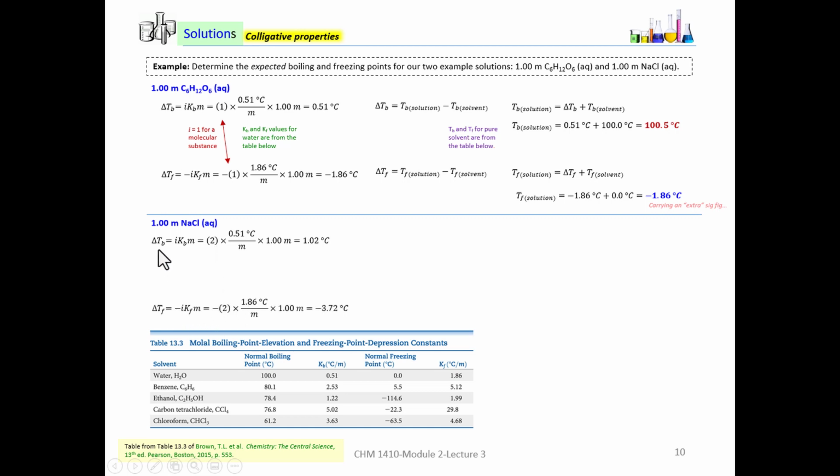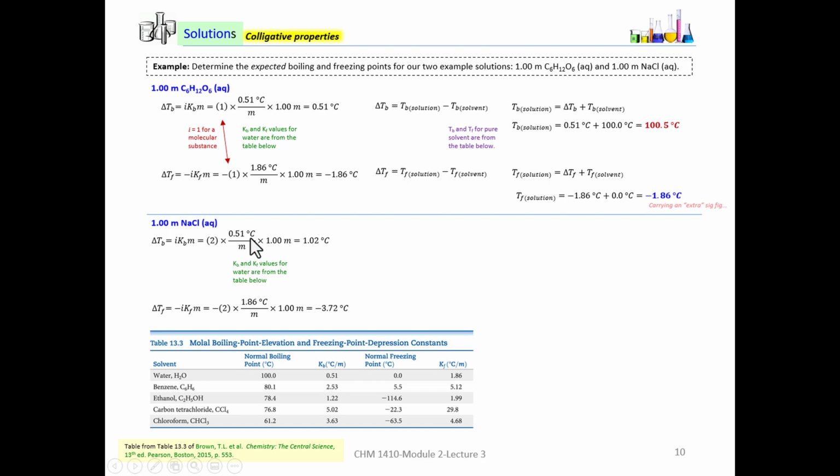So in both the boiling point elevation calculation and the freezing point depression calculation, I'll use a 2 here. So not surprisingly, our delta TB and delta TF for sodium chloride both end up to be just a factor of 2 different from our result for the glucose.